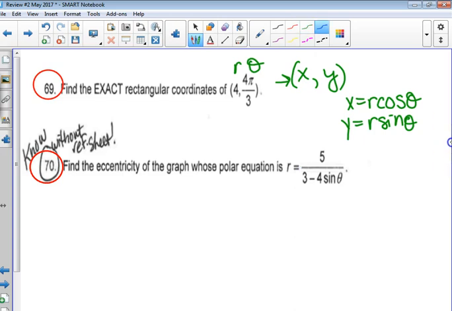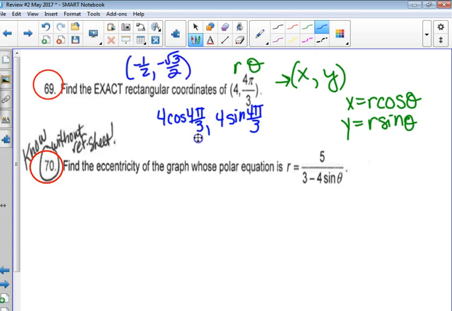Okay. So we have 4 times the cosine of 4 pi over 3 and 4 times the sine of 4 pi over 3. On your unit circle, at 4 pi over 3 is an ordered pair negative 1/2, comma, negative square root of 3 over 2. So this would be 4 times negative 1/2, comma, 4 times negative square root of 3 over 2.